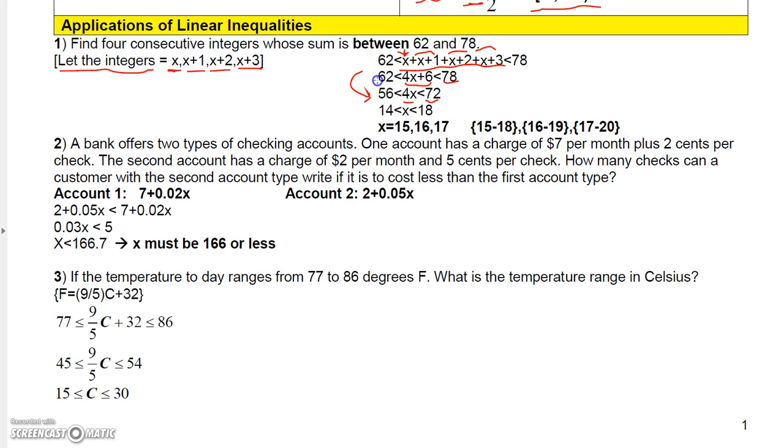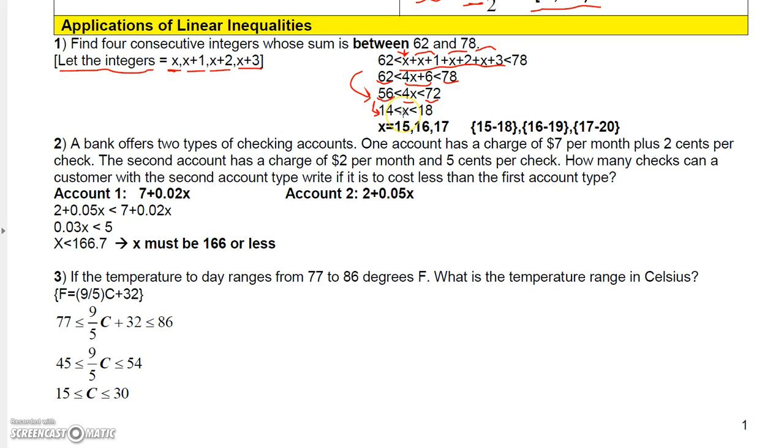If you take 62 and subtract 6, you get 56. And then to go from this step down to this step, I just divided everything by 4. So if I divide 56 by 4, I get 14. If I divide 4x by 4, I just get x. And if I divide 72 by 4, I get 18.